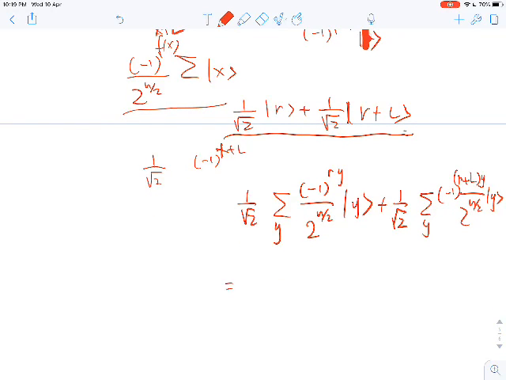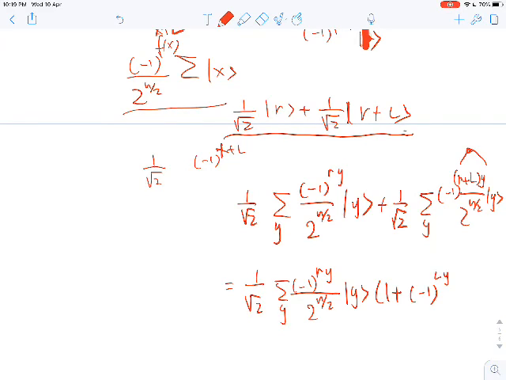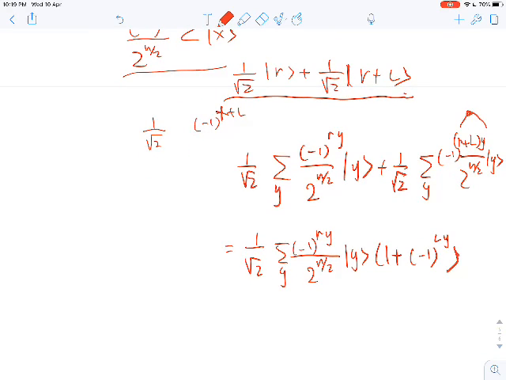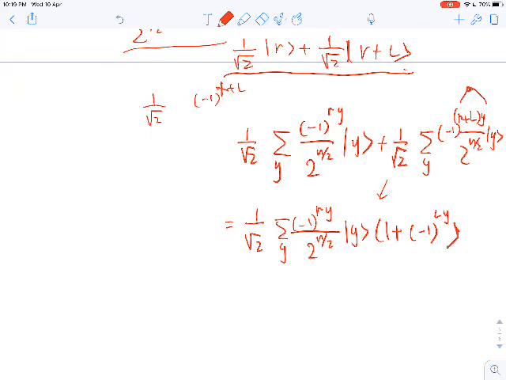And here we write it like 1 over square root of 2, and we found some same components here, and we take it out, like minus 1 to the power of ry over 2 to the n over 2, sigma y, and 1 plus minus 1 to the power of Ly, right? It's the same as this.